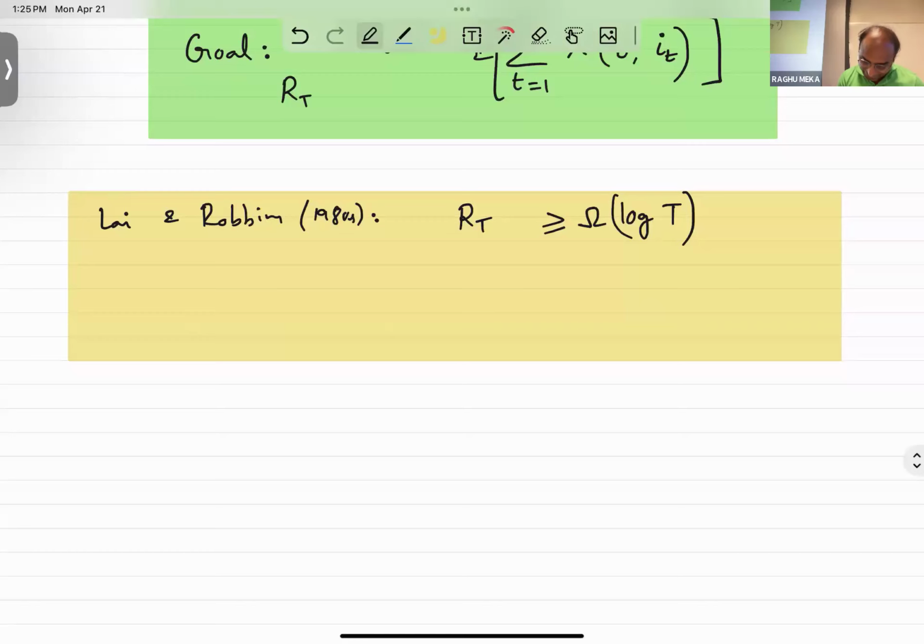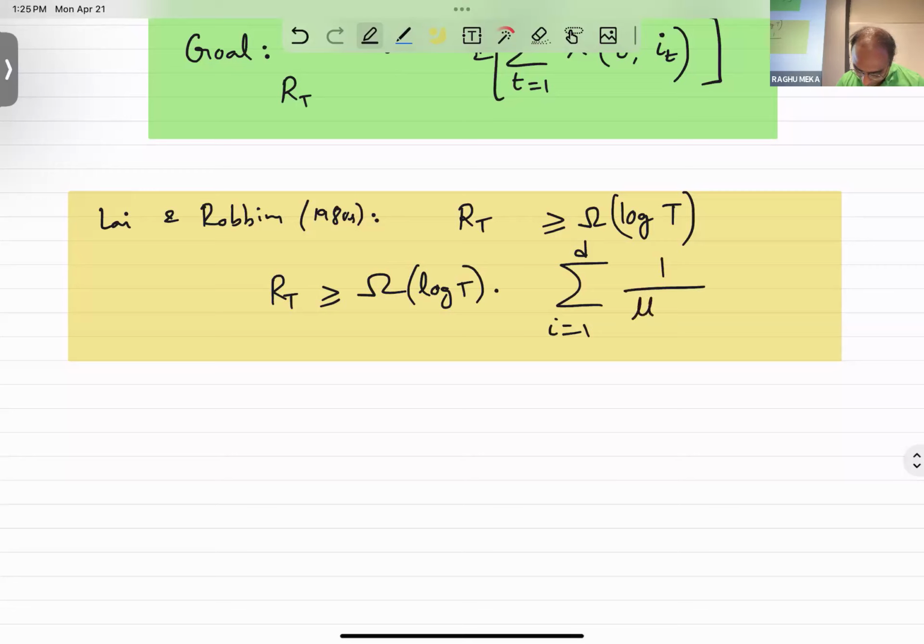And in fact, the exact thing that they showed was something like the regret must be omega of log t times summation over all experts of the gap between, because it depends on the gap.